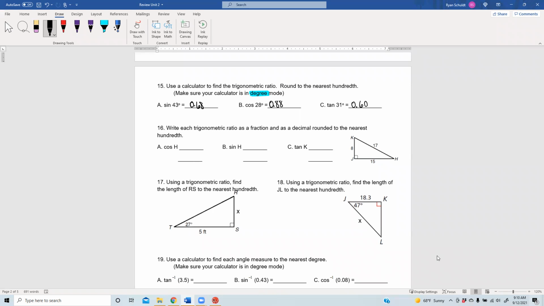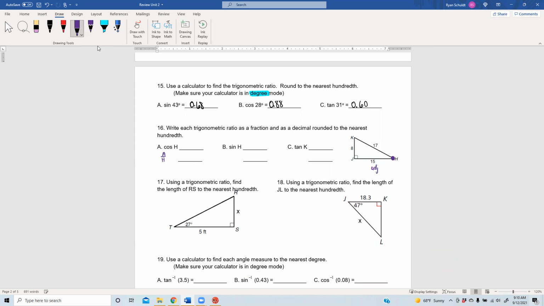Okay, for 16, write each trig ratio as a fraction and a decimal to the nearest hundredth. So if I'm doing the cosine of h, what do I need for cosine? I need adjacent over hypotenuse. So if I'm standing at h, which one's adjacent to h?